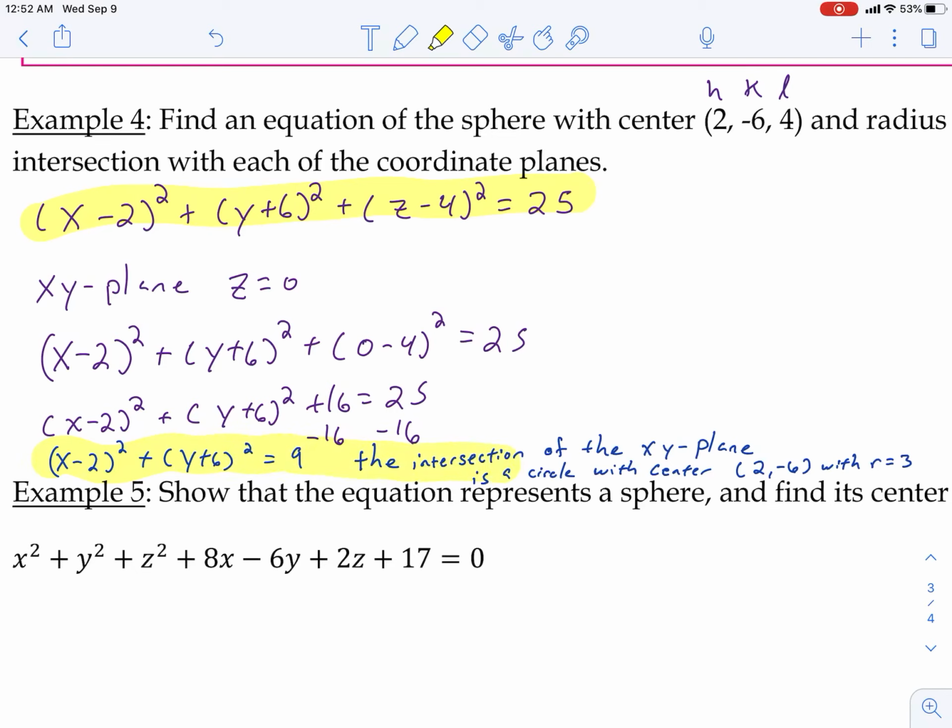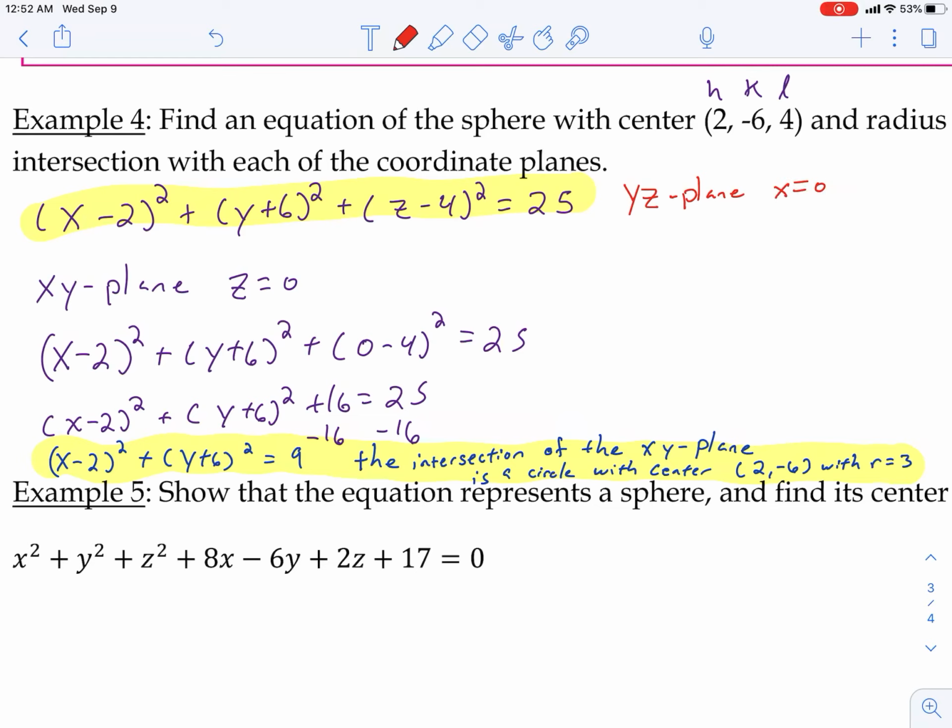And then we'll just do the same. The next plane that we're going to look at, instead of doing the xy plane, let's do the yz plane next. In order to do the yz plane, x has to equal 0.